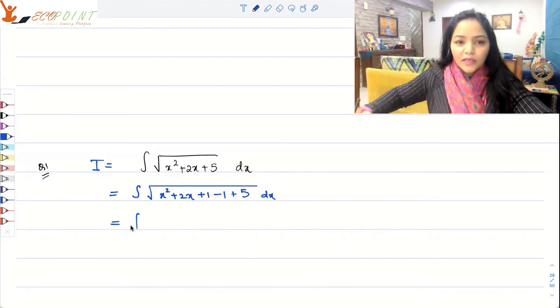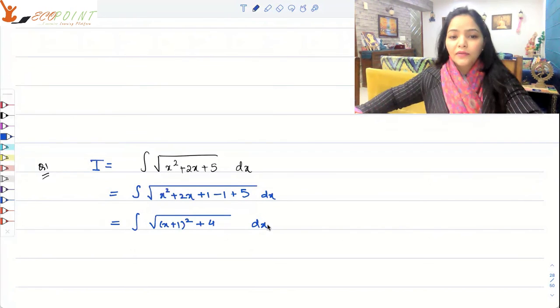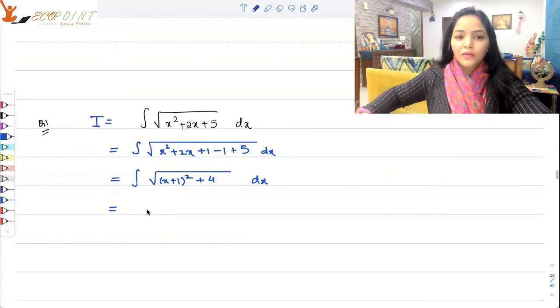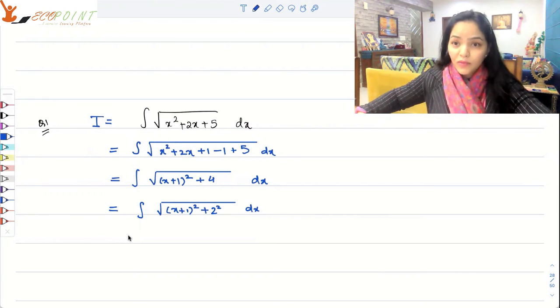And this will give you the integral of square root of, clearly can you see, you have here x plus 1 whole square minus 1 plus 5, that gives you plus 4 dx, which means you actually have your integral of square root of x plus 1 whole square plus 2 square dx, which is like square root of x square plus a square dx, right? Integral of that.